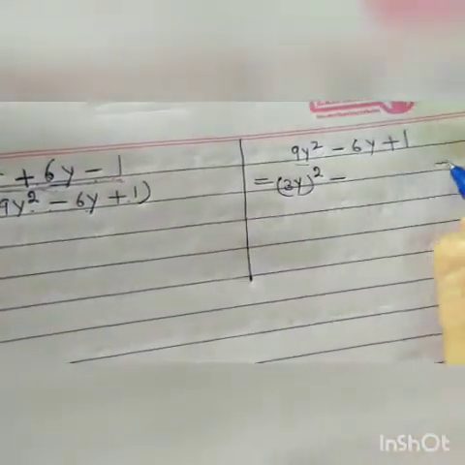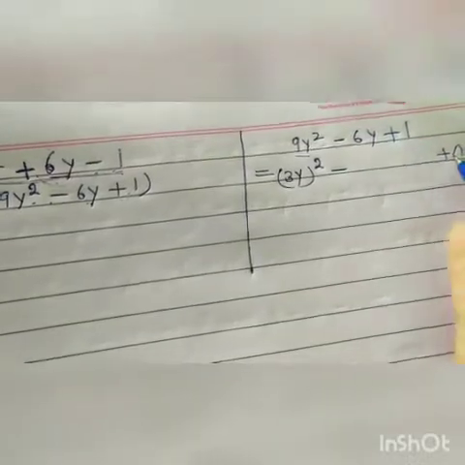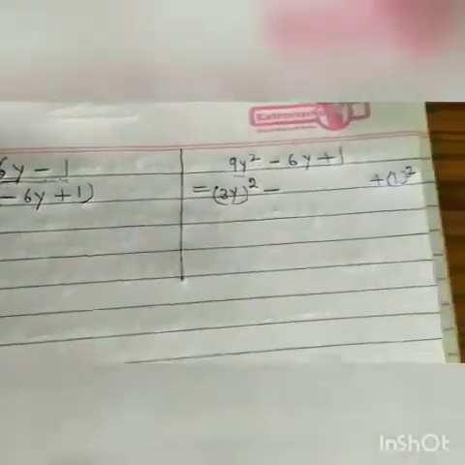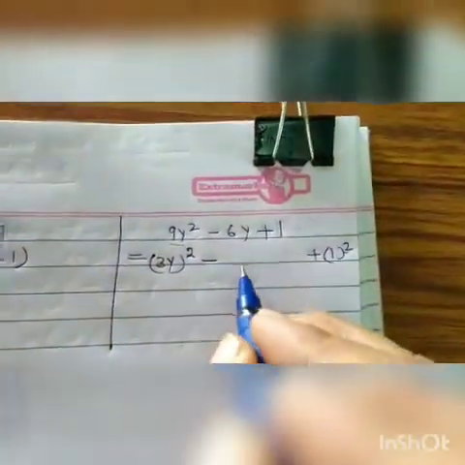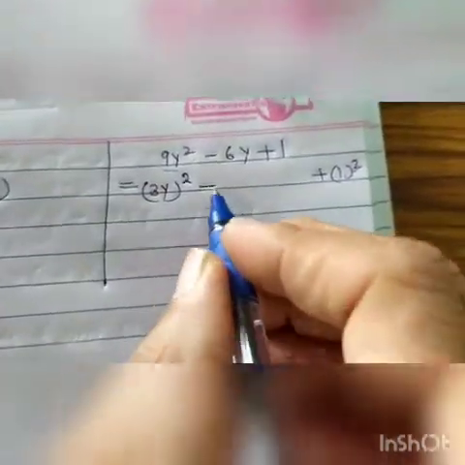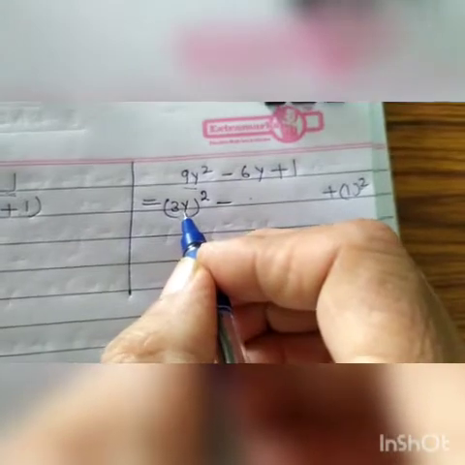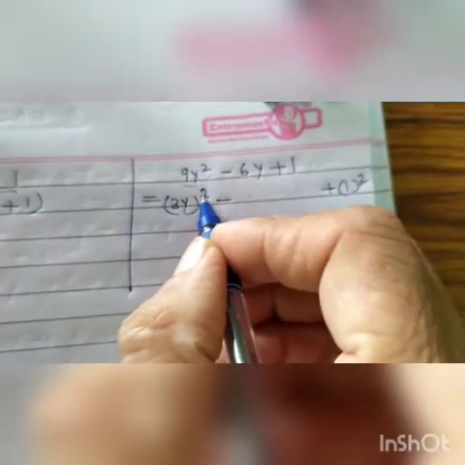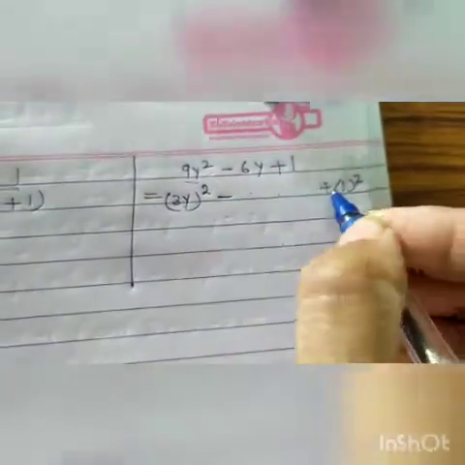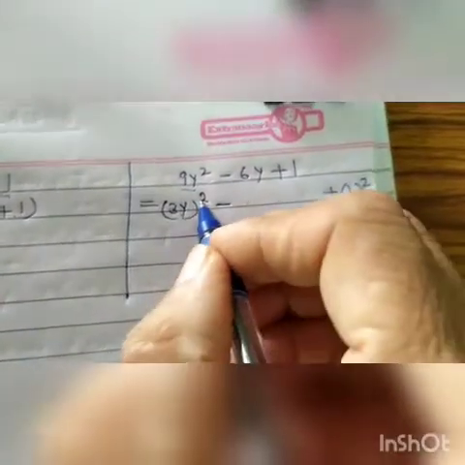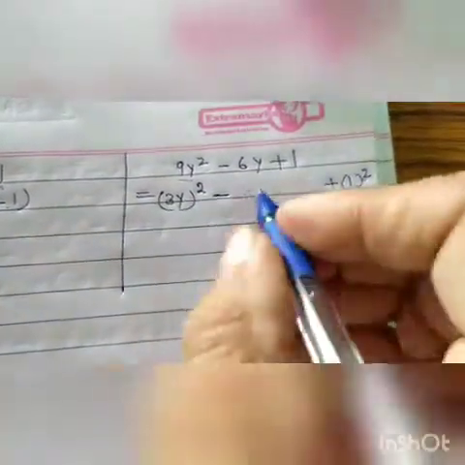Then this 1 is the square of 1, so 1 whole square. Now in between these two there is minus 2ab. What is the second identity? a square minus 2ab plus b square. So this is a square plus b square minus 2ab.